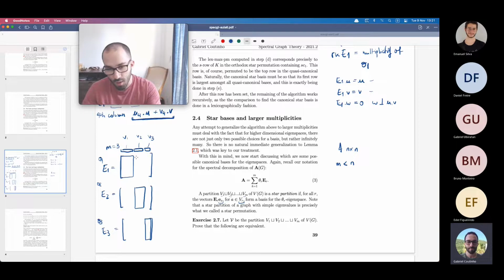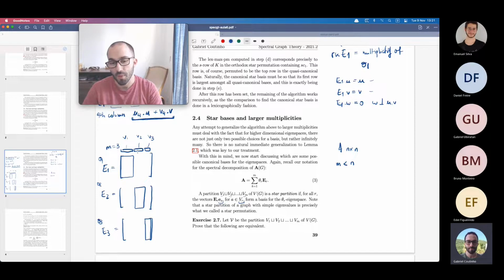Here it looks like this, but it could have been that it's not a contiguous partition, of course. So it could be that V1 is the first, second, third columns and the last column, V2 is all the columns in the middle except for, I don't know, the 7th and 8th column, and V3 is right there.